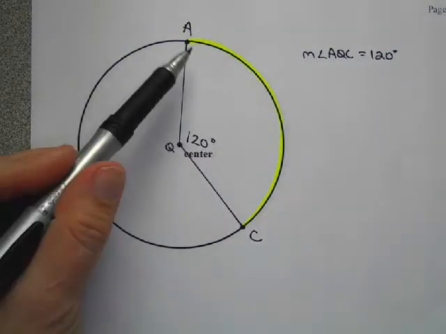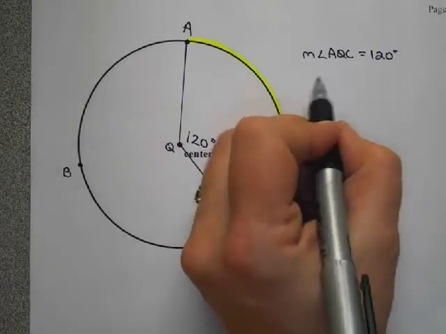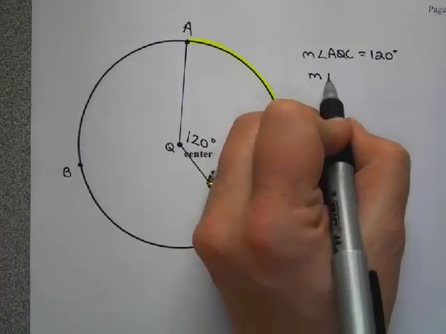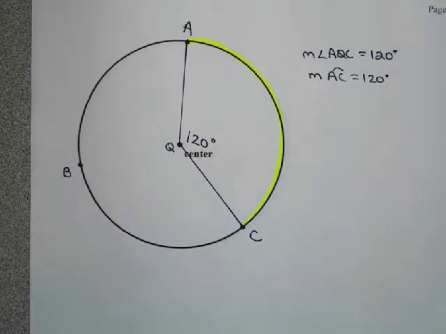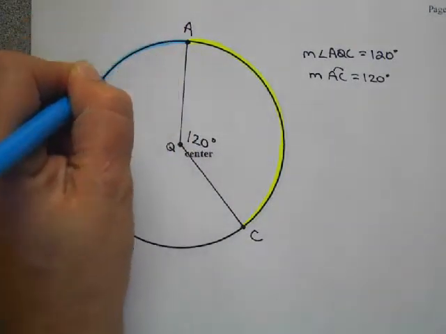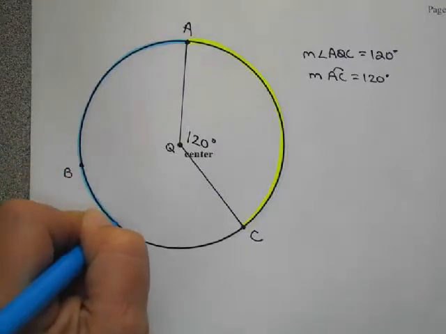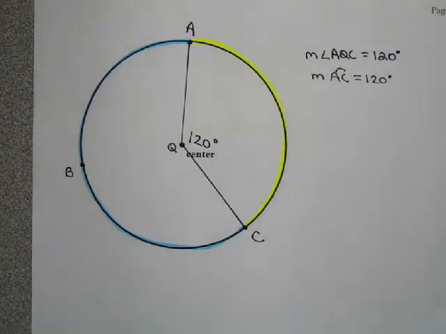The central angle and the arc that it intercepts are equal. So the measure of arc AC also equals 120 degrees. If we look at the major arc that's left, this major arc represents the rest of the circle.